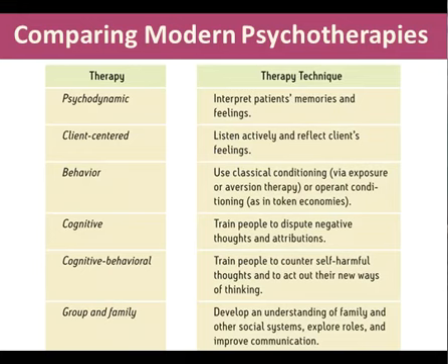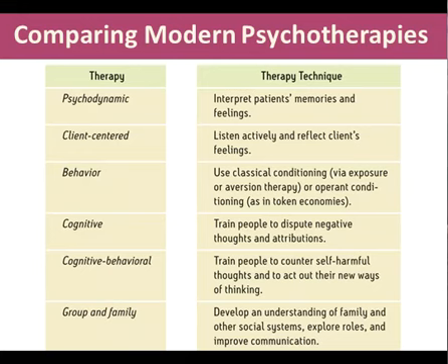The techniques employed. With the psychodynamic therapy, techniques for therapy are interpret patients' memories and feelings. For client-centered, listen actively and reflect clients' feelings. For behavior therapy, use classical conditioning via exposure or aversion therapy or operant conditioning like in token economies.